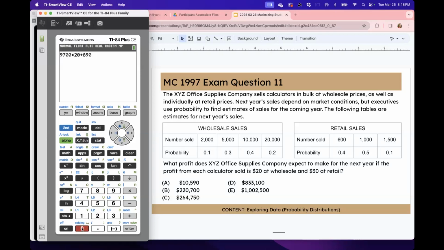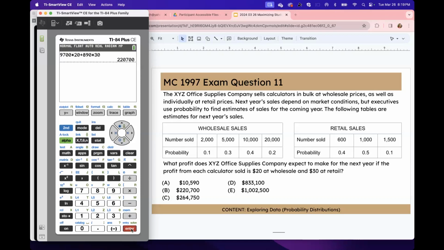I did write them down, so I had them in front of me. And for each of those calculators, I expect to make $30. And then I've got my answer of the $220,700 expected profit.